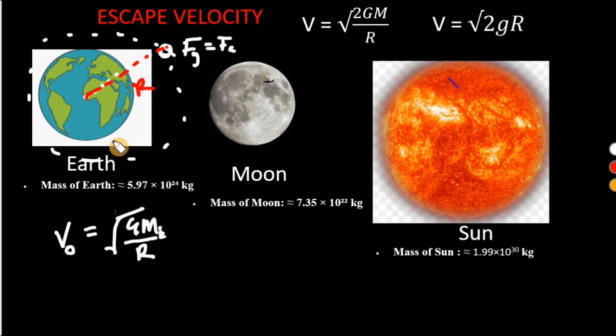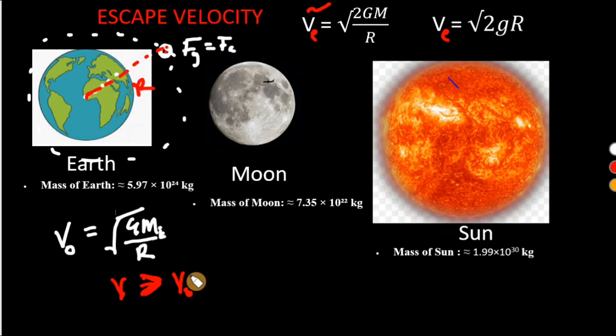But our interest is in that velocity with which this object, if acquired, will leave Earth's surface completely. That is the escape velocity we'll be talking about. You notice that this escape velocity is greater than this orbital velocity.